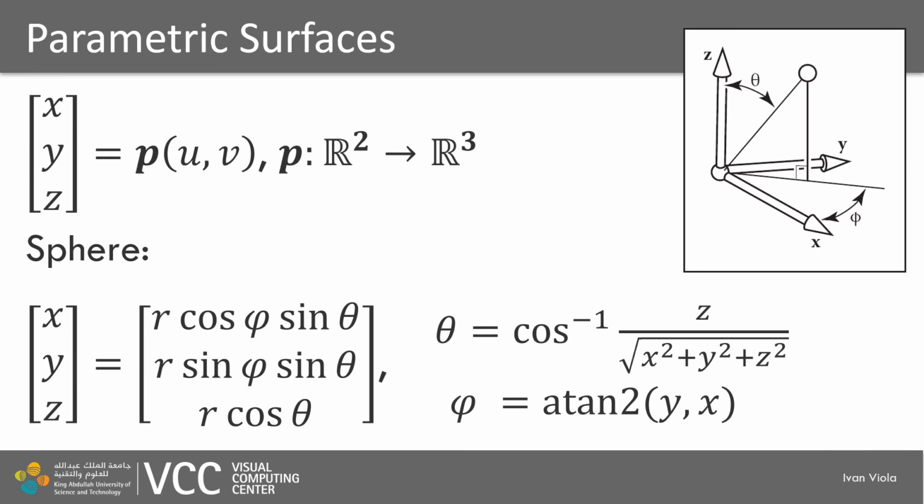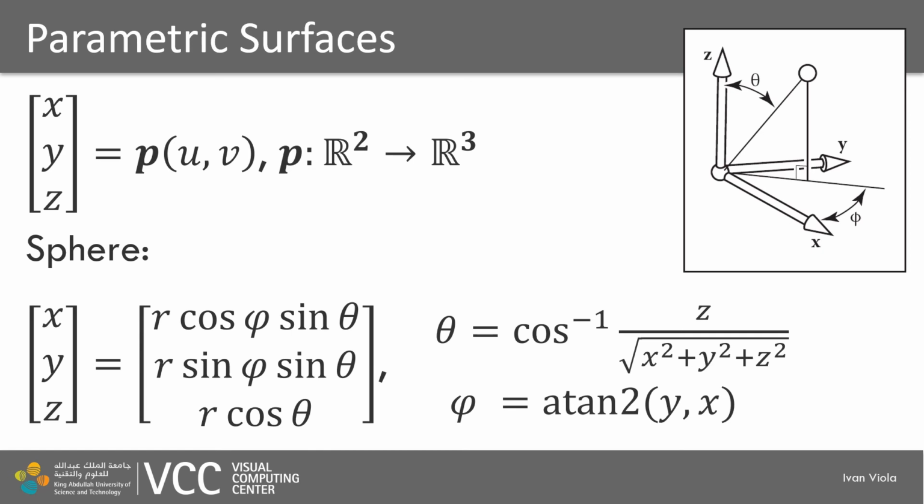Let's continue looking at the three-dimensional case. Here, in 3 dimensions we are often interested not only in lines, but actually in surfaces. And these surfaces we can parameterize with 2 parameters instead of just one.